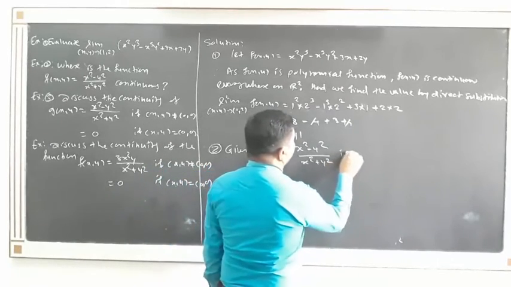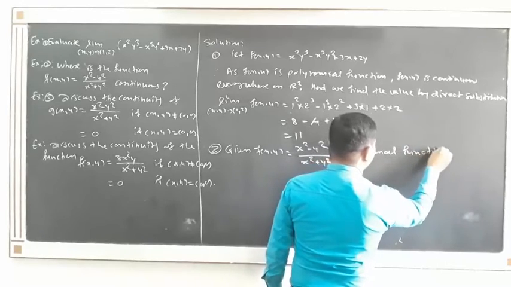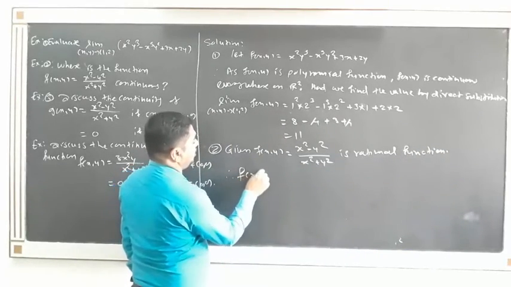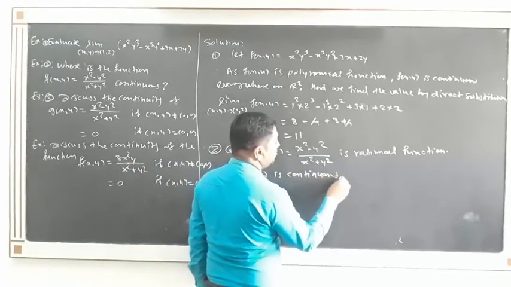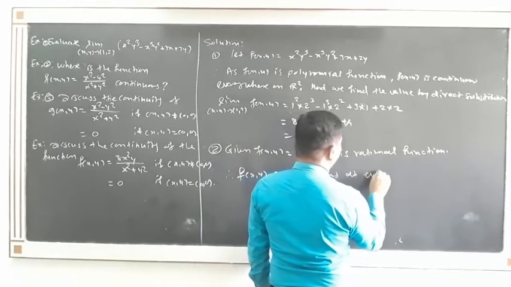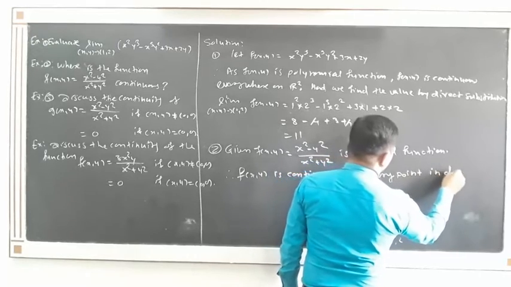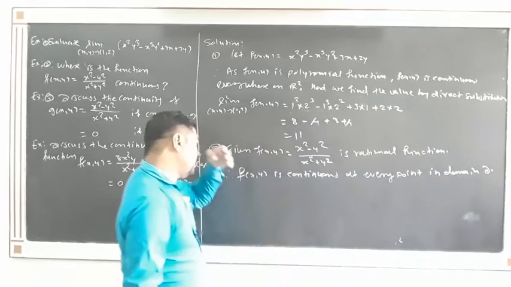It is a rational function, and therefore f of xy is continuous at every point in the domain D. And how do we find the domain?